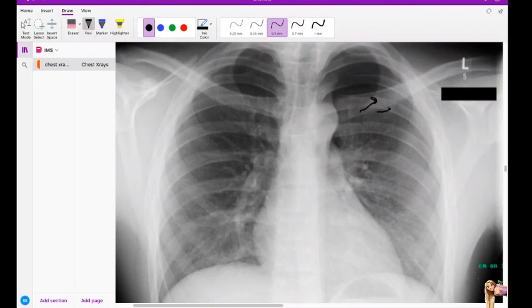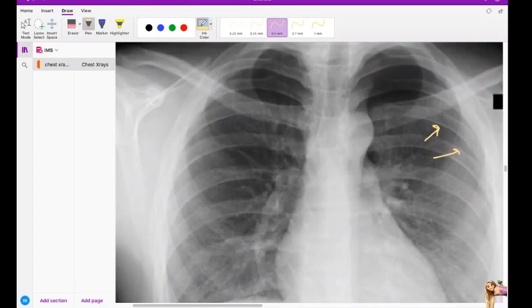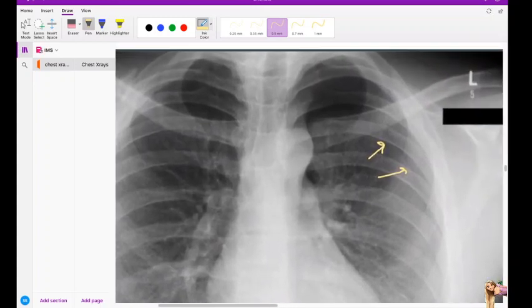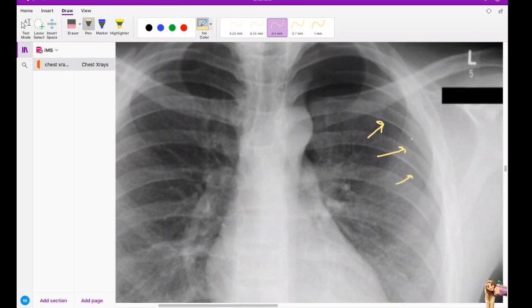Use the yellow color, the highlighter. Not sure about this one. There's a yellow color. Can you guys see? Maybe I'll just zoom in more. Can you guys see now? Yeah, okay, that's good.